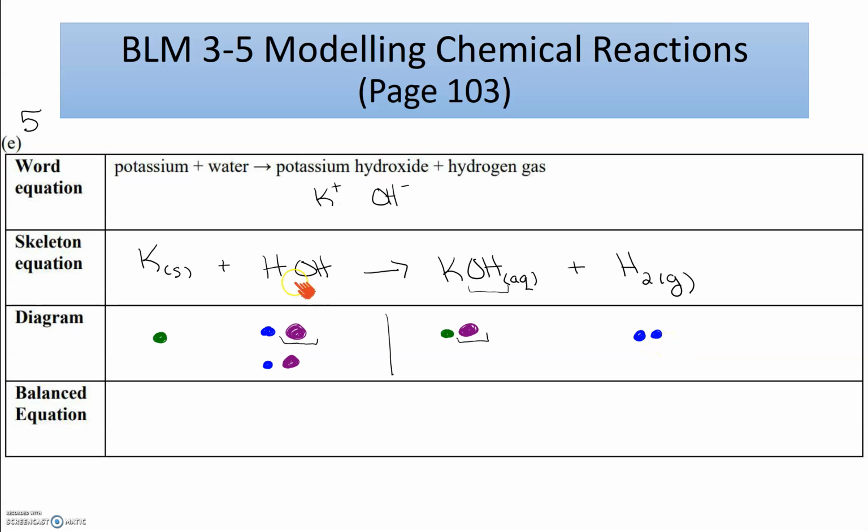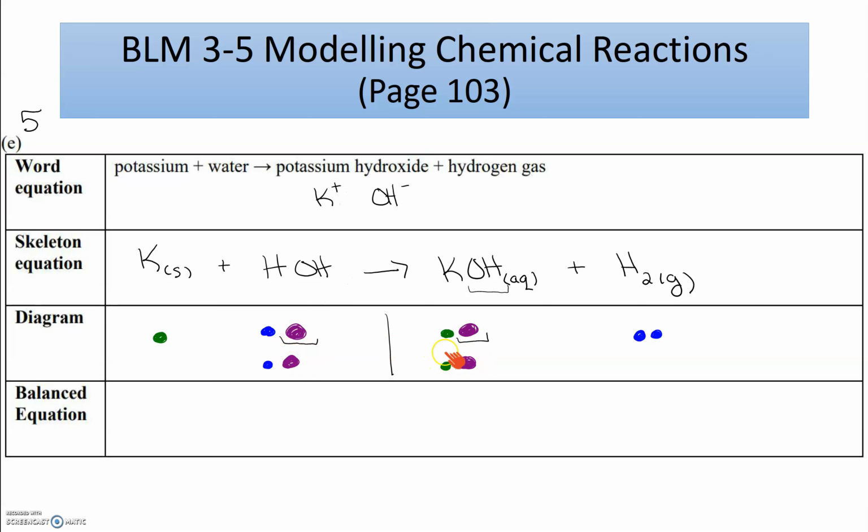Now I'm ready to balance my hydroxide ion. I've got 2 on my reactant side because I've got 2 water molecules going on here, and I've got 1 on my product side. So that means I need to draw another potassium hydroxide. So I take my potassium hydroxide, got a potassium, and then I've got a purple hydroxide. And now my hydroxides are balanced.